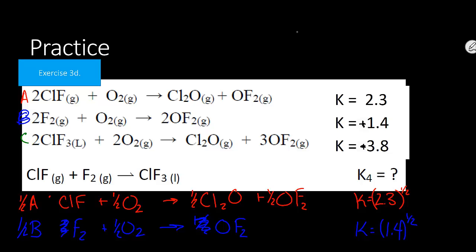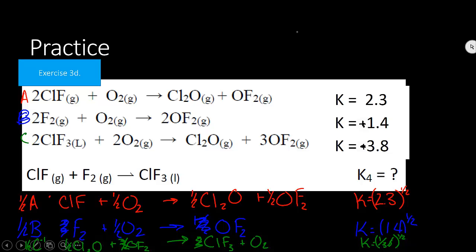So I need reaction C flipped. And of reaction C, I actually only need half of reaction C. So for reaction C, the value of K, I'm going to put 1 over it, and I'm going to take the square root of that value.